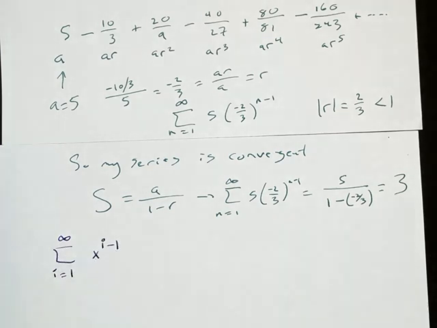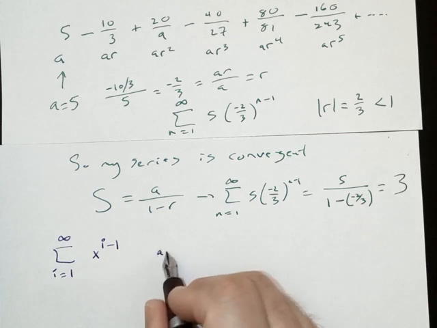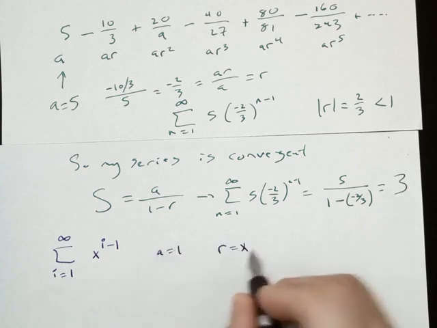Please notice I have changed the N to an I. Big deal. I don't care what letter you call it. What's the value of A in that series? 1. And R is my X, right?